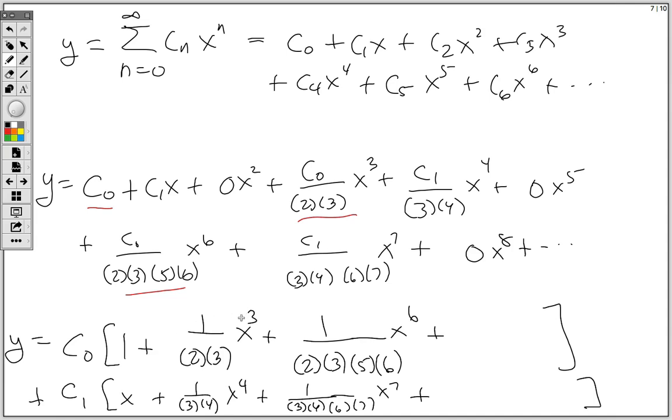I've got 3, 6, 8 was 0, so it would be an x to the 9th. It would be 1 over what? Well, 2, 3, 5, 6. Always running out of room.